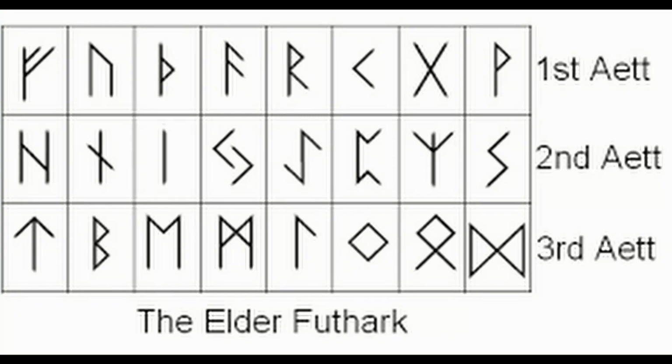Now, first off, let's cover exactly what the runes and Runic Magic are. The runes are a Norse alphabet of normally 24 or sometimes seen as 18 symbols. The first being known as the Elder Futhark and the latter being known as the Younger Futhark runes.